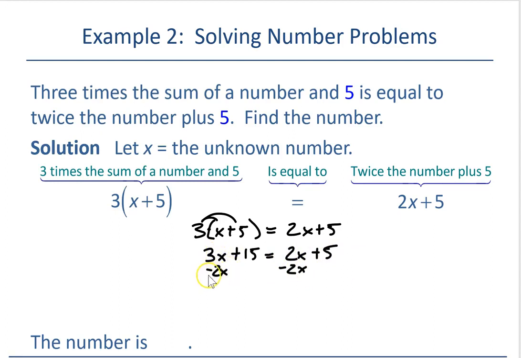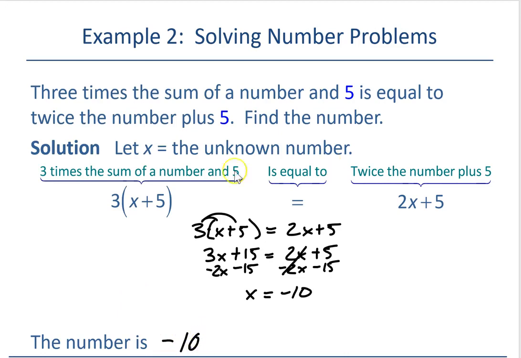That's just personal preference. You don't have to do that. Then I subtract 15 from both sides, which gives x equal to 5 minus 15, which is negative 10. You could go back in there and check it, but we'll save on the checking. So the number here is negative 10.